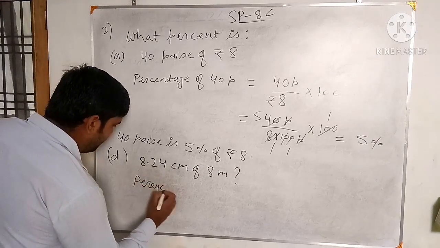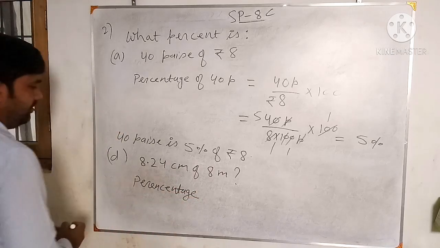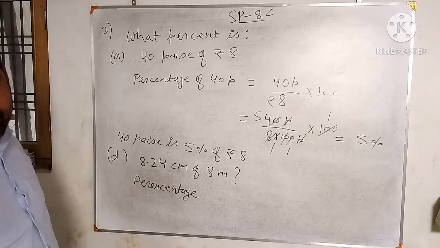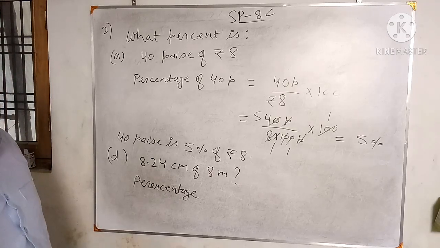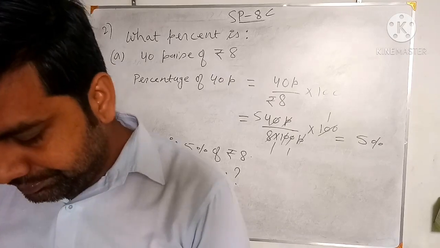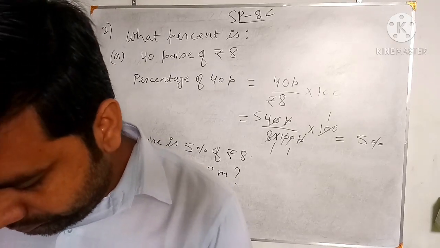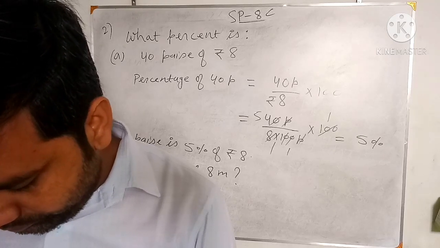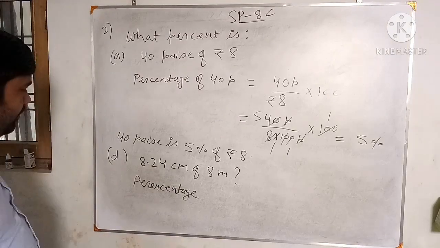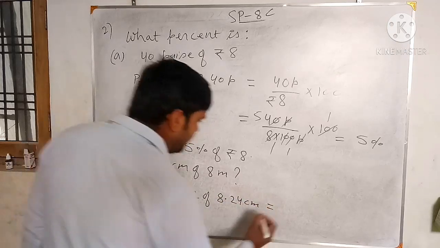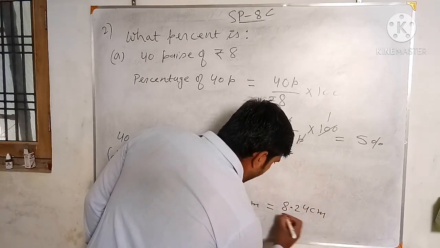Now we will find the percentage of 8.24 centimeter out of 8 meter.